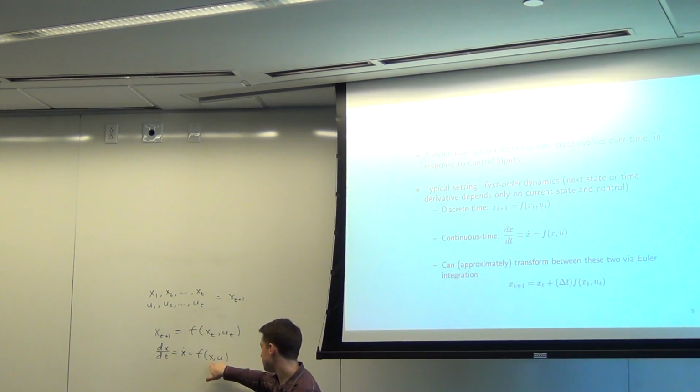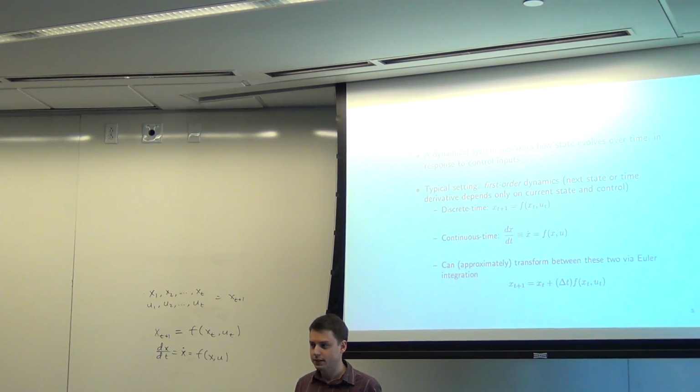Of course, this means the state and the control at the current time affect the derivative of the state at that same time. But all these things are for a single instant in time, essentially. There are times when it's more convenient to work in one or the other.